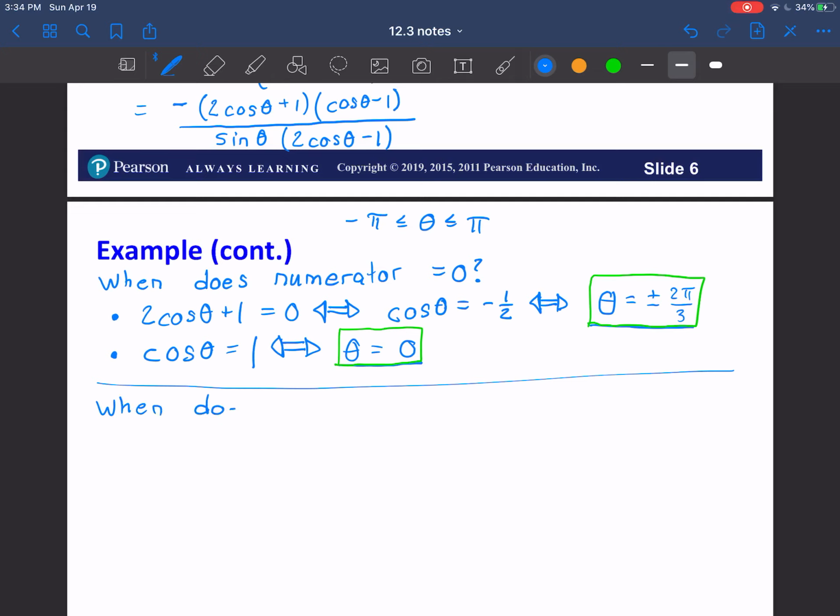When does the denominator equal 0? All right, so the first possibility is that this occurs whenever sine of theta equals 0. That occurs only when theta equals 0, pi, or negative pi. So we can say 0 or plus or minus pi.